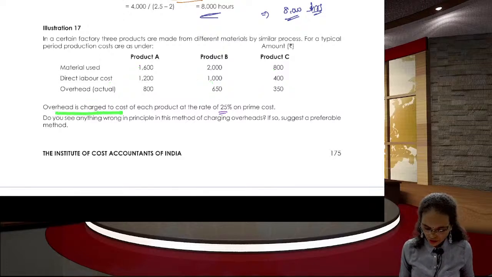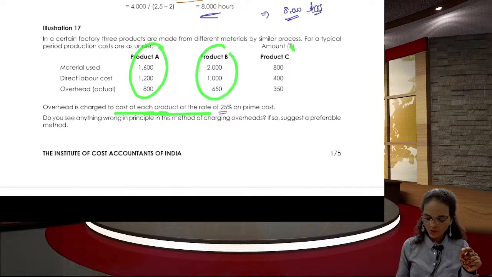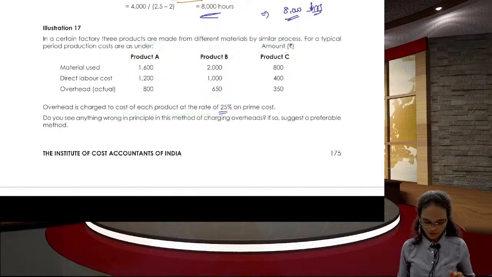Overhead is charged to the cost of each product at a rate of 25% on the prime cost.